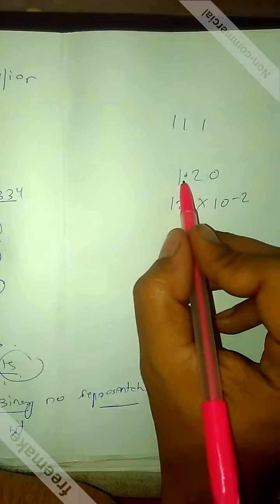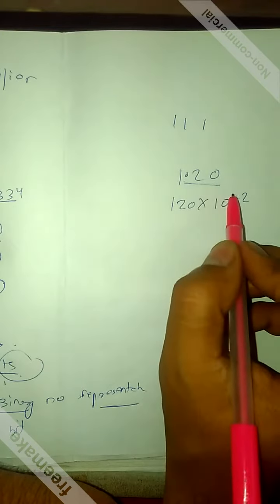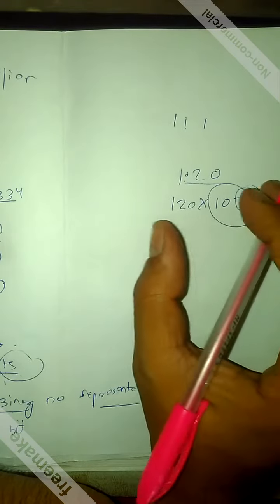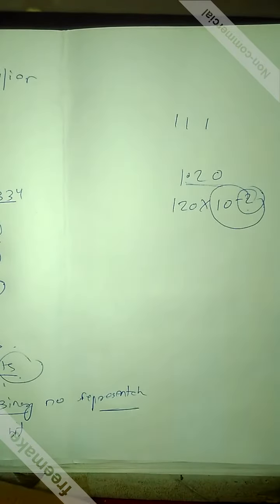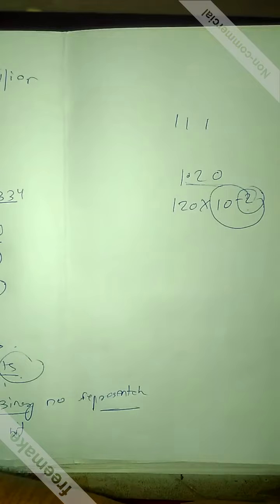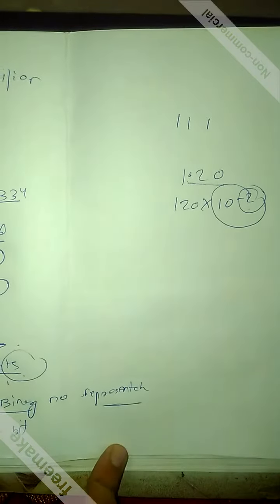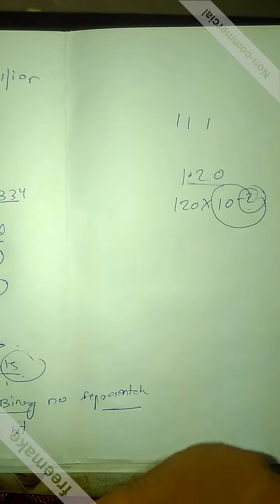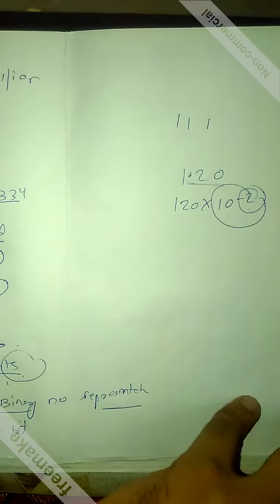So in a decimal number, we have 10 to the power of something. We know why binary exists, because it is true or false, anything is going to be true or anything is going to be false.